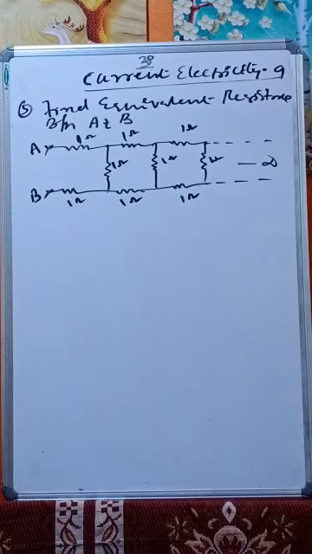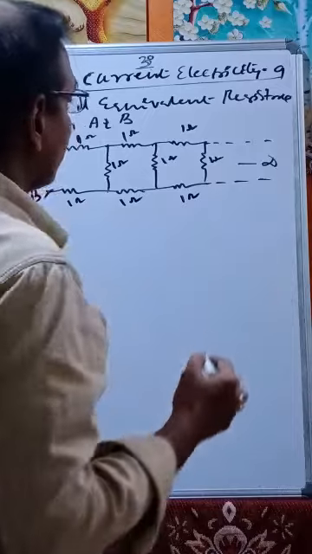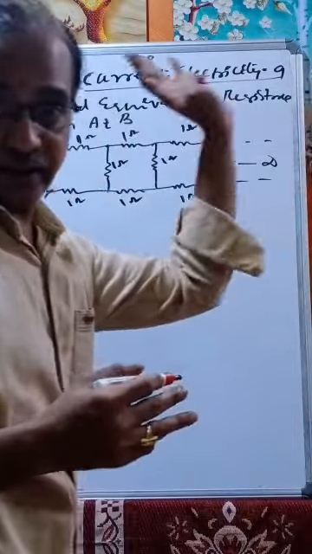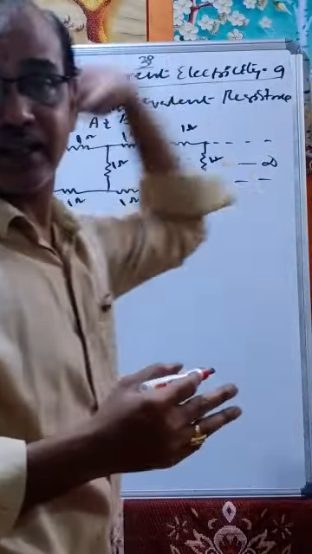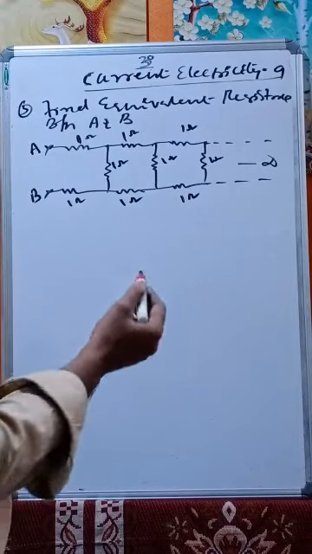Now how to find this one? If you observe the circuit, this is going to be an infinite circuit, so we can't simply add resistances.